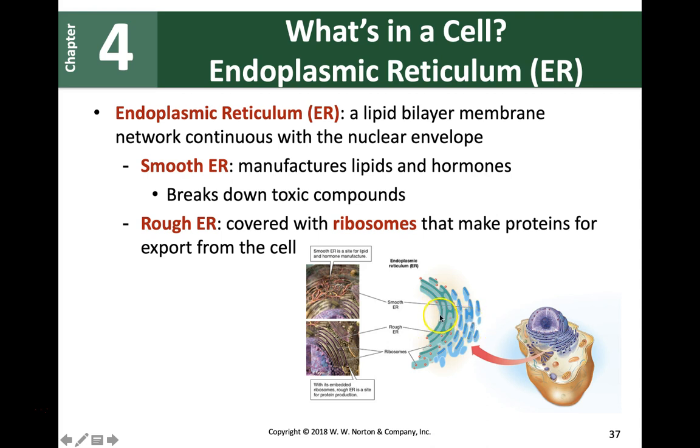Now you can see there are two forms being shown to you, one blue in color, one green in color. There's no color difference, of course, but the difference is in their function and in how they look. So you can see that these structures are called smooth ER, smooth endoplasmic reticulum, because they do not have these structures that you can see on rough ER.